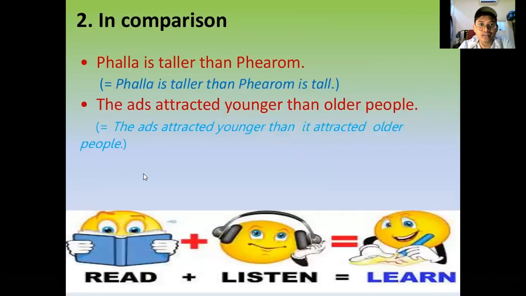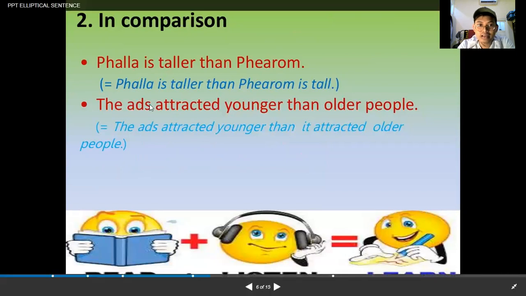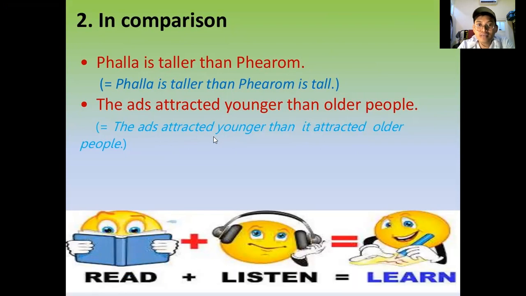What about the second context, which is in comparison? Take a look at the second example. The long version is: the ads attracted younger people, and it attracted older people. So there are two independent clauses here, but they have the same verb, which is attracted, even though the objects are different, younger people and older people.